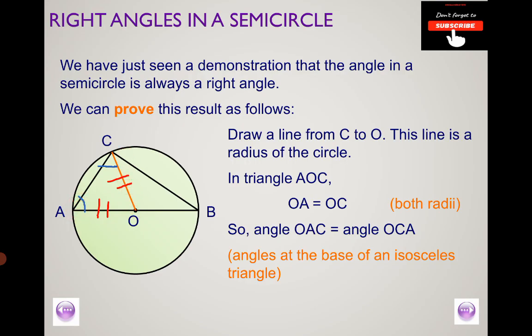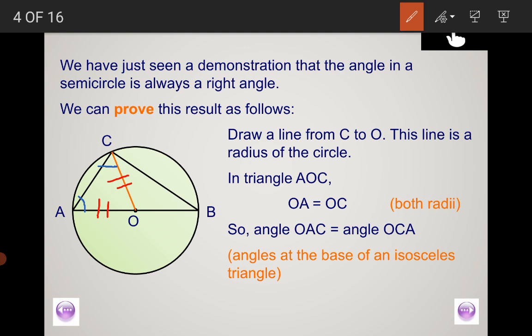AOC. You need to get this right. I'm saying if you have a triangle like this, such that this side is equal to this one, then this angle here is equal to this angle here. So these two angles are called base angles. Base angles in an isosceles triangle are equal.